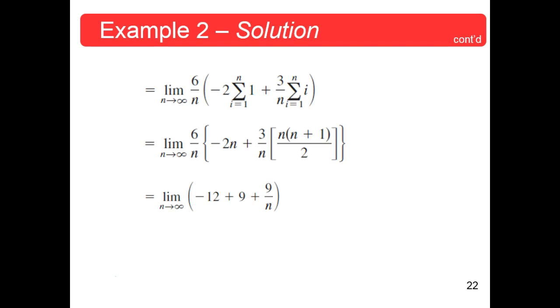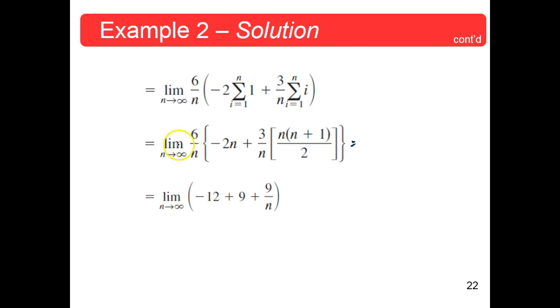If you put this over 2, that would be minus 4n plus 3n plus 3. Minus 4n plus 3n is minus. They skip so many steps and drive me nuts. Let's do it. Okay.